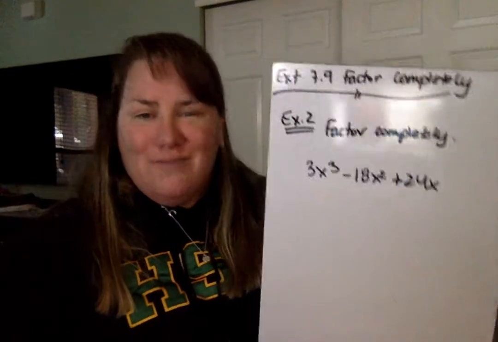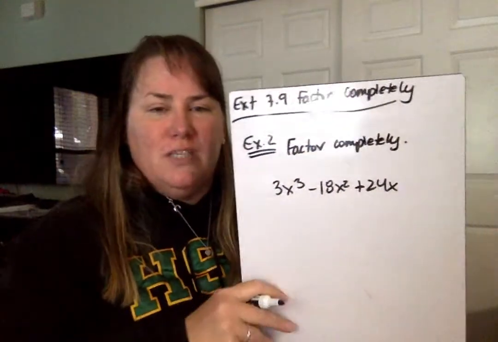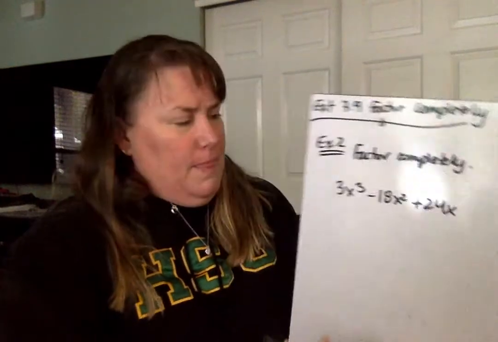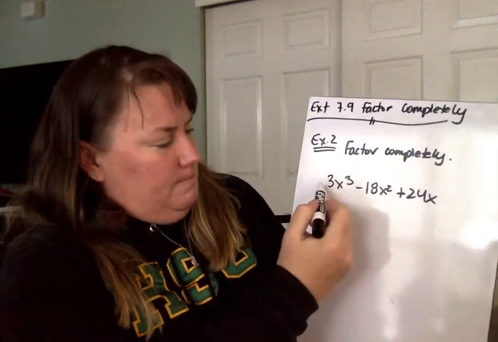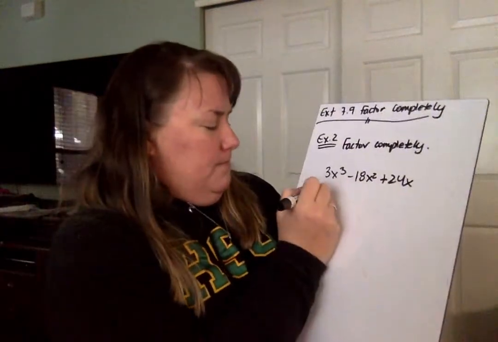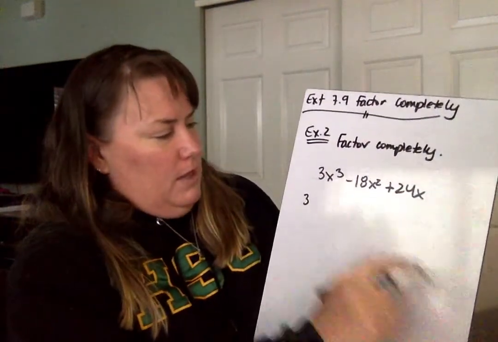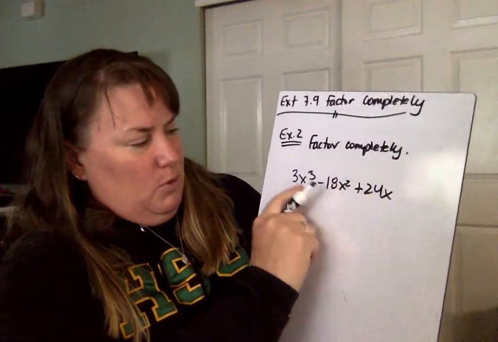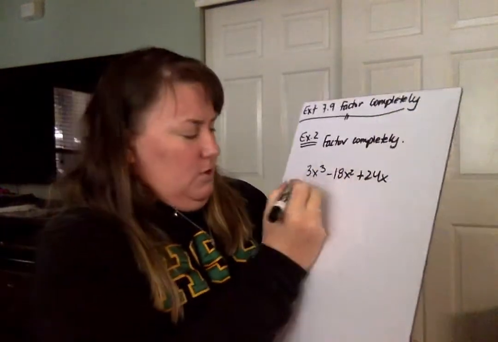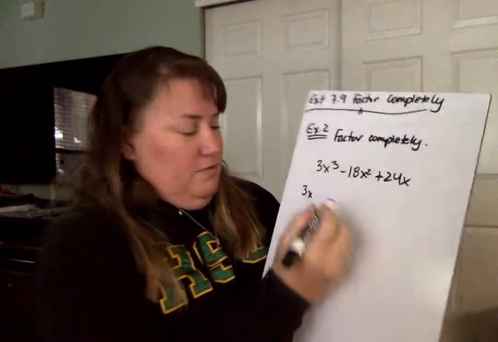So the first time we factor this, it's always going to be by GCMF. So you're going to pull out what's common between each term within the polynomial. So let's go for coefficients. 3, 18, and 24. The highest coefficient that comes out is 3. And let's check variables. How many x's can I pull out? Only 1. So 3x is our GCMF.